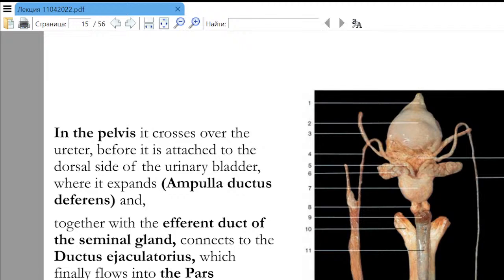You see the epididymis, the testis, this is the spermatic cord, and this is the ductus deferens.